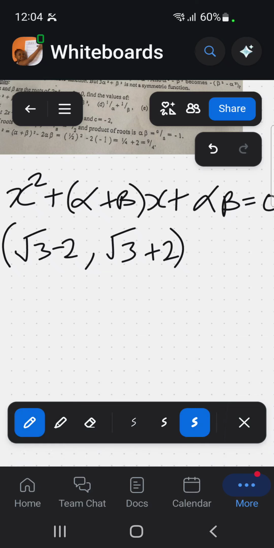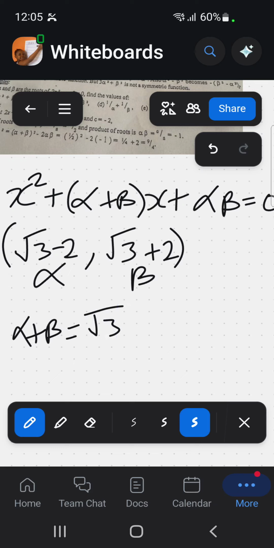Since this is alpha and this is beta, alpha plus beta will give you root 3 minus 2 plus root 3 plus 2. Of course, I'm supposed to put all this in brackets, but no need since it's positive. Positive changes nothing.